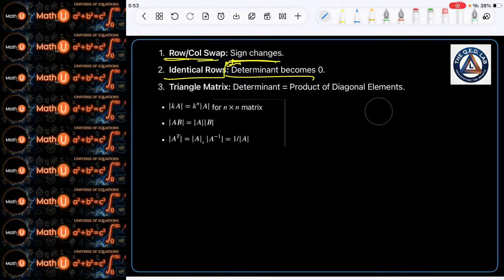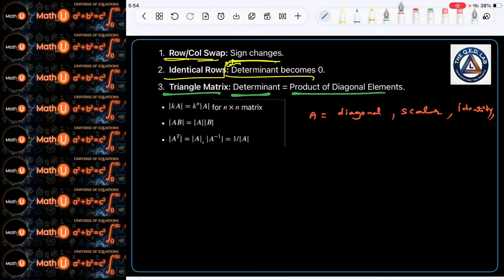And triangular matrix, you should remember this one. Determinant is equal to product of diagonal elements, not only in triangular matrix, if the matrix is diagonal matrix, scalar, identity. Triangular means it may be upper or lower triangular.